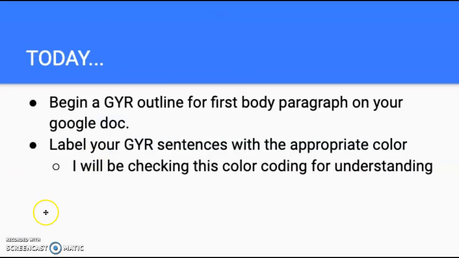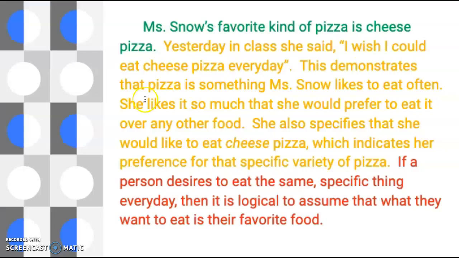All right, so today you're going to begin a GYR outline for your first body paragraph on your Google Doc that you've already shared with me. I need you to label your GYR sentences with the appropriate color. I will be checking for this color coding for understanding. So I'm going to grade you on this, okay? This is due on Monday at 8 a.m., so really Sunday night, I'm going to log into your Google Docs that you've shared with me, and I'm going to be expecting a paragraph that basically looks like this, okay?